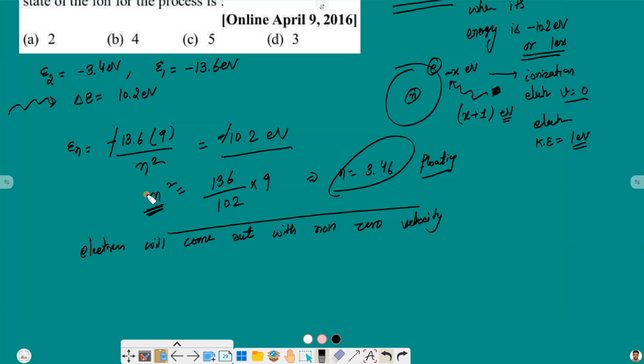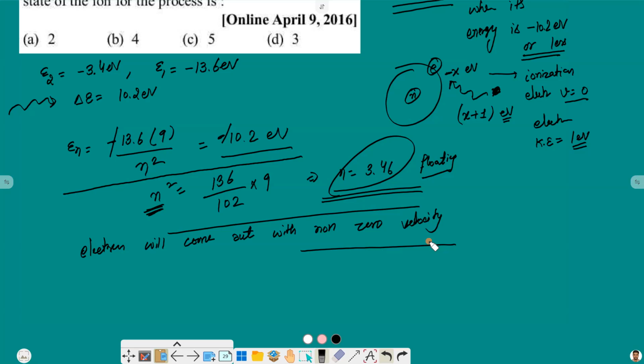The case where we equated both of these meant that the electron absorbs all of the energy and comes out with zero velocity, with no energy transferred as kinetic energy. But after calculation we get a floating point number, which means that is not possible. So the electron will have non-zero velocity.